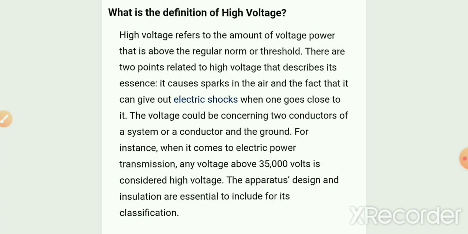So cable joints and terminals must be designed to control the high voltage stress, to prevent the breakdown of the insulation.